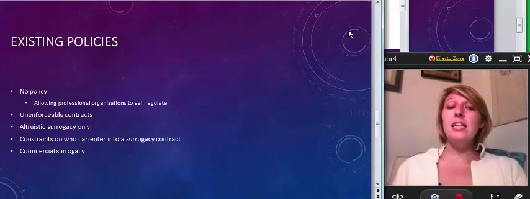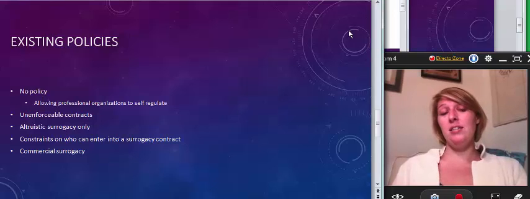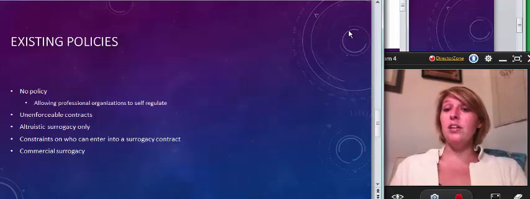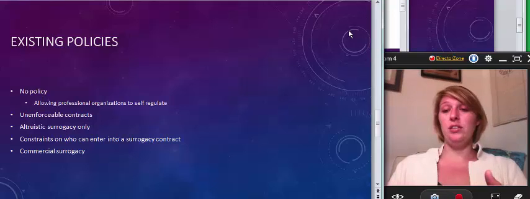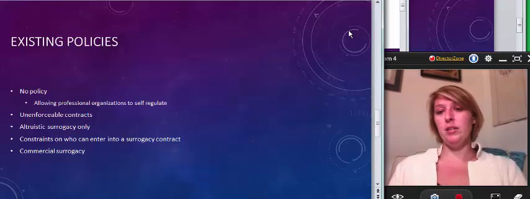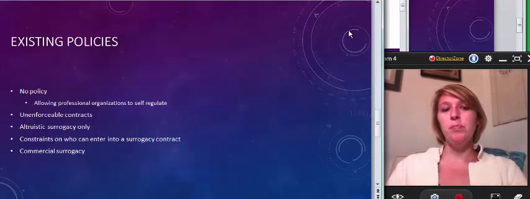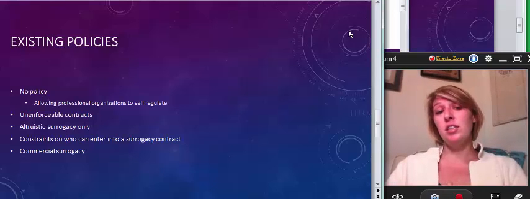Another policy that exists is where states have what's called altruistic surrogacy only, which means you can have a contract that lays out a situation in which you and I agree that you're going to gestate my baby, and I'm going to have the baby after so long after the hospital, whatever terms we agree to, but it's only on the condition that I do not pay you.